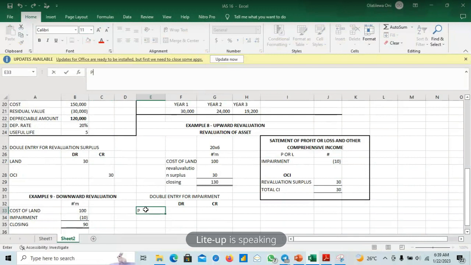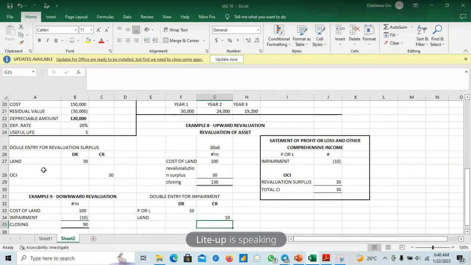Debit P or L with the amount of impairment, which is 10. The double entry is to debit impairment, and credit the asset, land, with the same amount. That's the double entry for impairment.